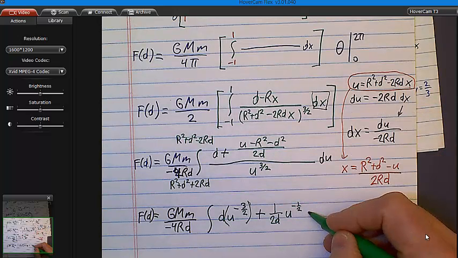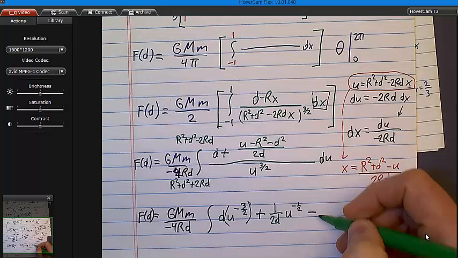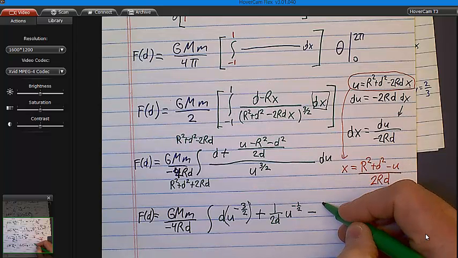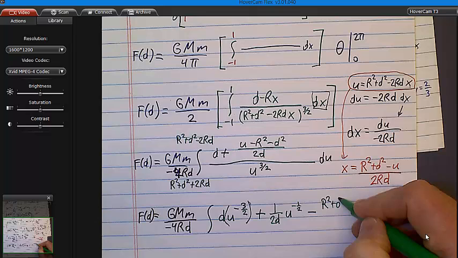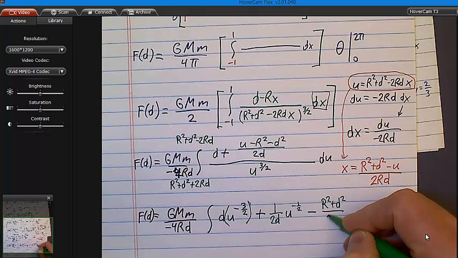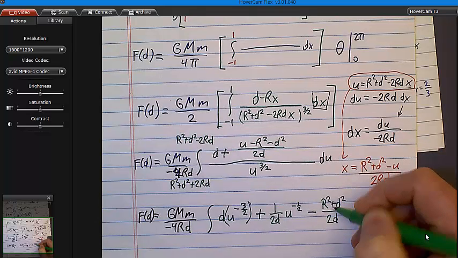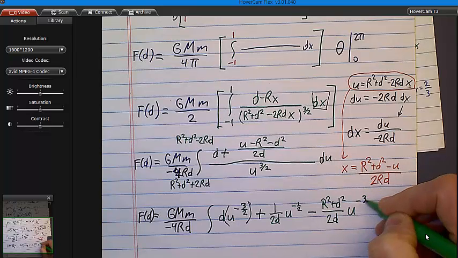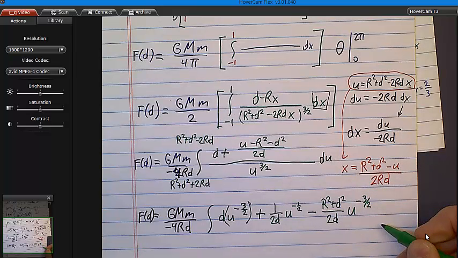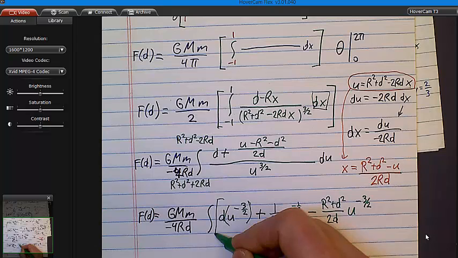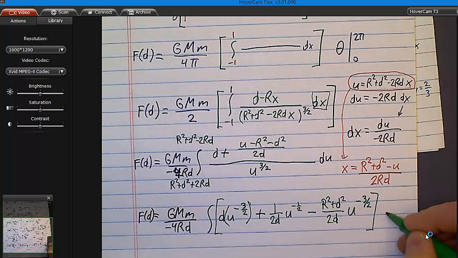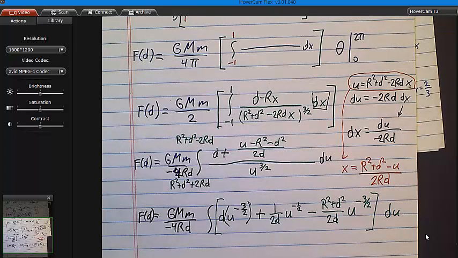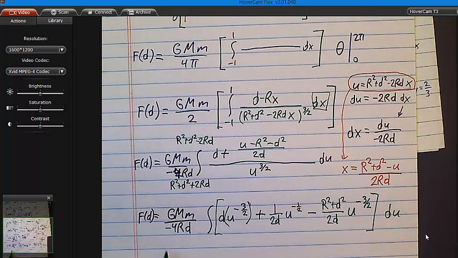And then I'm going to have minus, and I guess I have R squared plus D squared over 2D times U to the minus 3 halves. All that du. Yeah, I'm glad you mentioned that, Alex. That was a good idea, to be careful that the du doesn't look like a D times U.